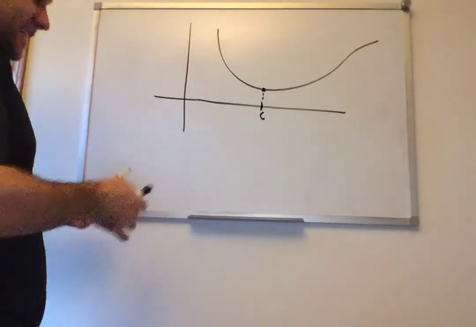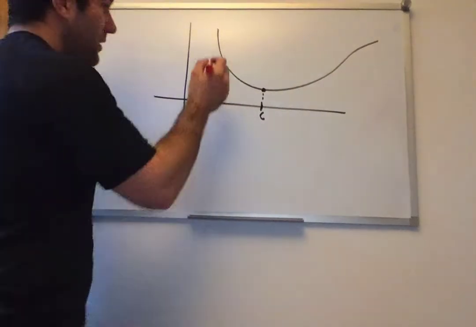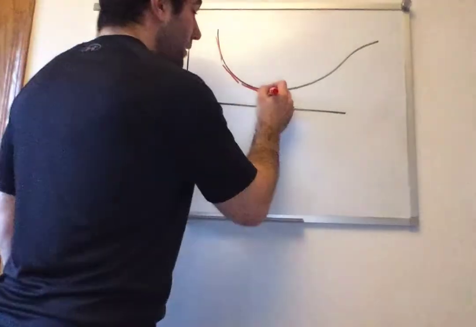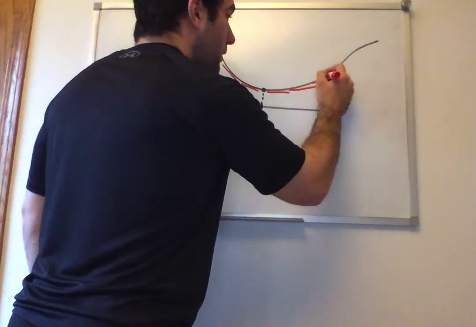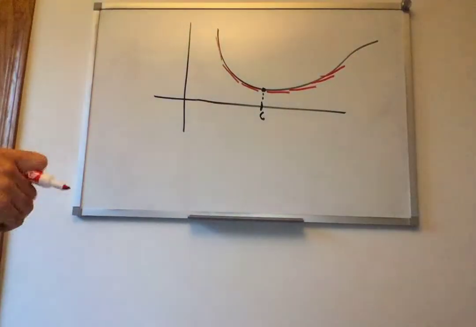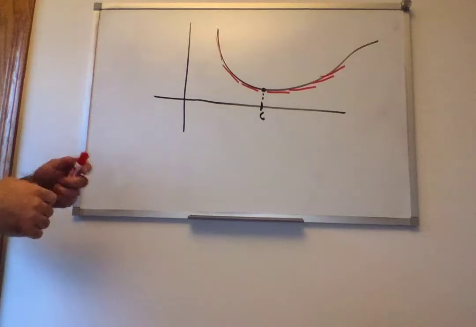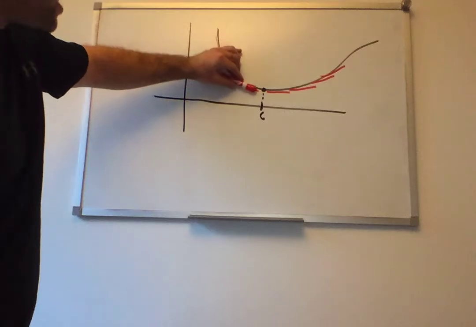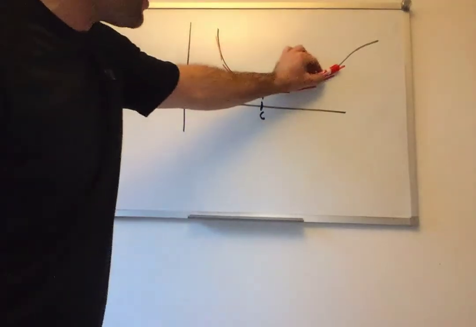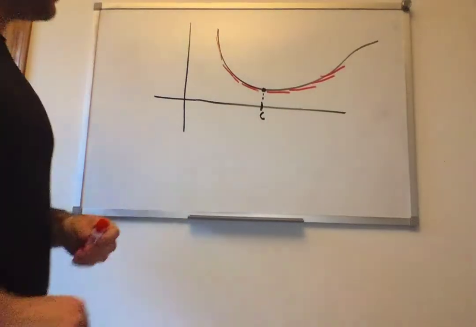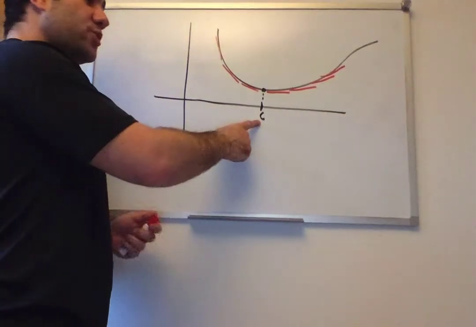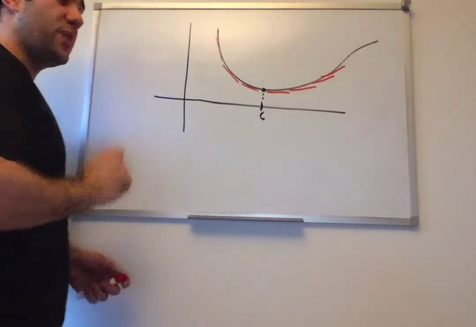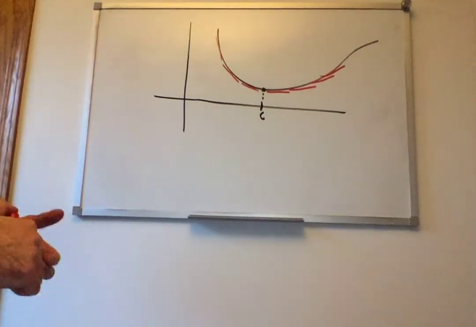We could visually see that's a local minimum, but the first derivative test says if we were to find the derivatives and calculate tangent lines, calculate all the little slopes, right? Here, the slopes are negative, negative, negative, negative, and then on the other side of C, positive, positive, positive, positive. So when the derivative, if this is a critical number, changes from negative to positive, then we know that we have a local minimum.